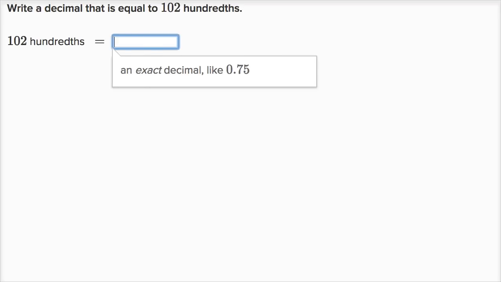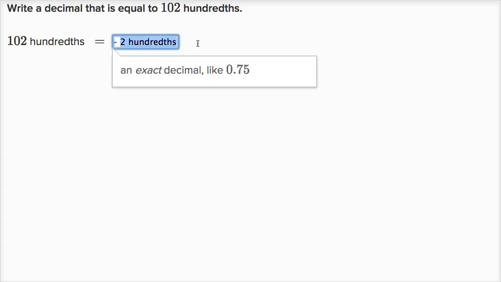Let's do another one. 102 hundredths. We could rewrite this as 100 hundredths plus 2 hundredths. Now, what is 100 hundredths? Well, 100 hundredths is equal to 1, a whole. So you could view this as 1 plus 2 hundredths.